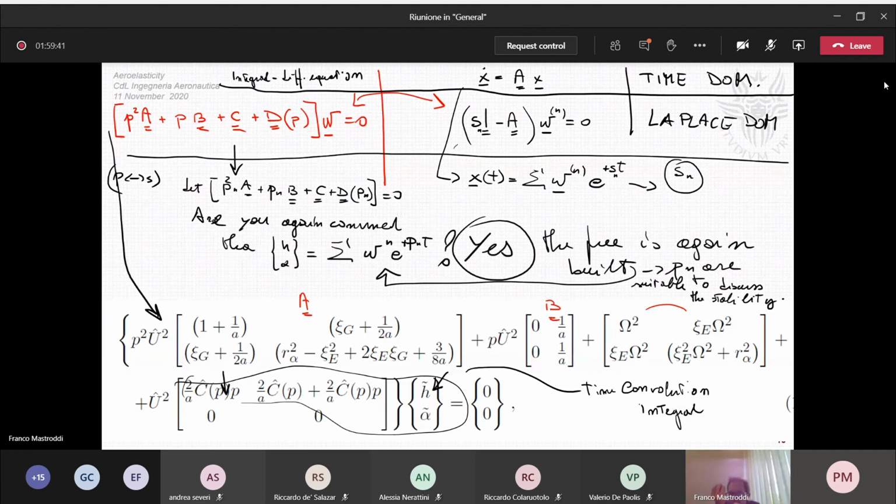But the key point is that you have poles in the same way, and the only mathematical difference is the presence of the fundamental theorem of algebra. The fundamental theorem of algebra says that if you have a polynomial of degree n, then you have n roots for such a polynomial.